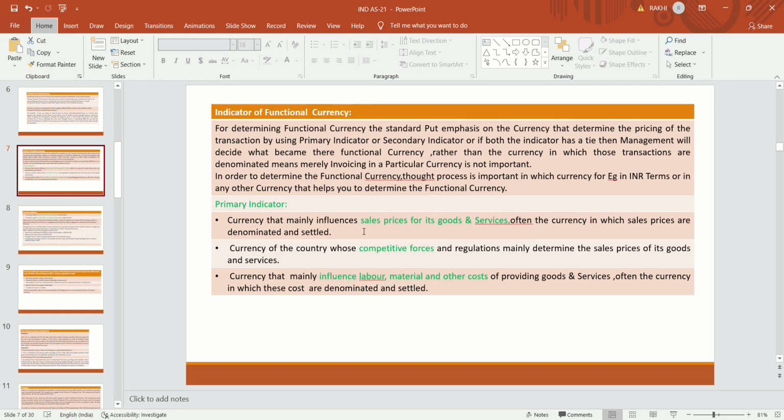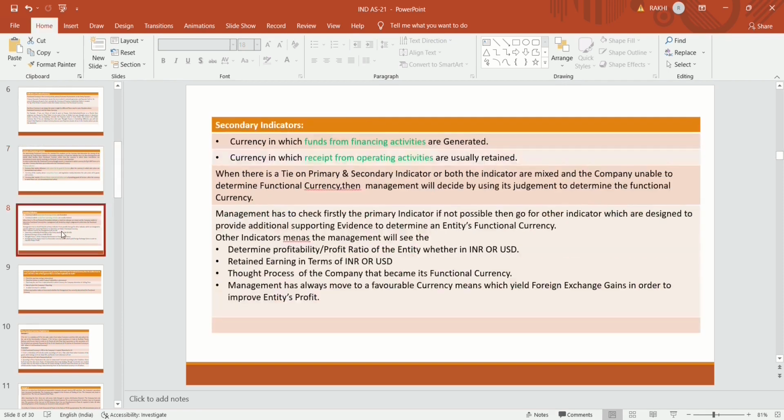If there is a clash in determining the sales price of the goods, in determining the cost, and in finding the competitive forces and regulation, then they will look into the secondary indicators. Let us check what the standard says about these indicators.